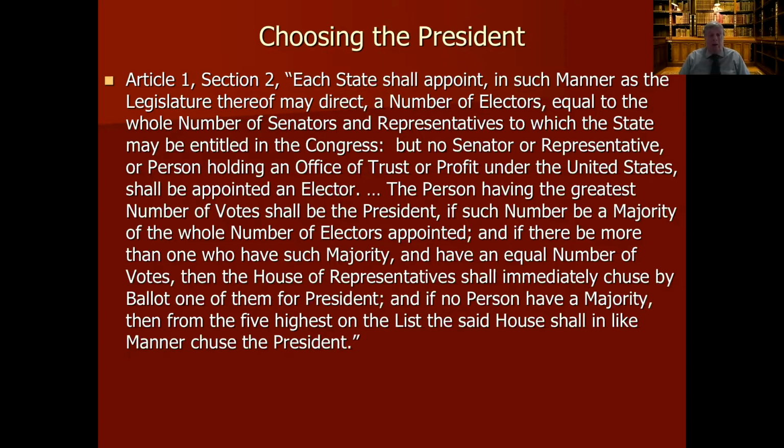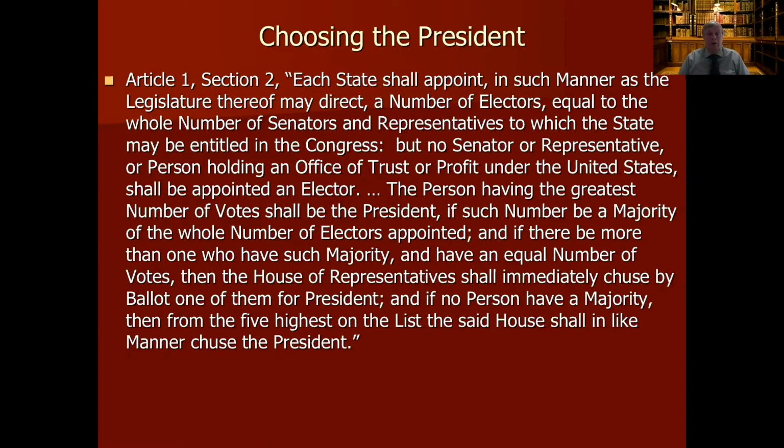Two things I'd like you to note about Article 1, Section 2. One is that there's no provision here for political parties. So you would think if there is a party and the president and vice president received an equal number of votes, then either of them could become president under this article.